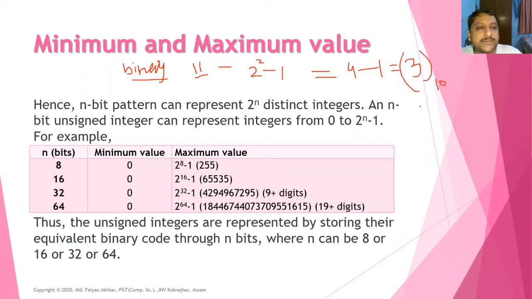If we convert it to binary, it becomes 1 1. So 1 1 is the largest 2-digit binary number.